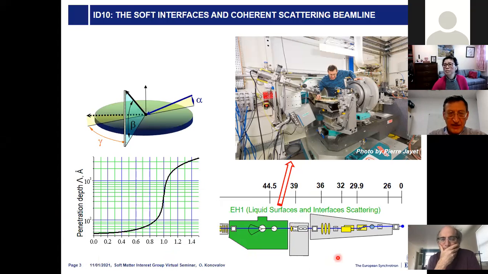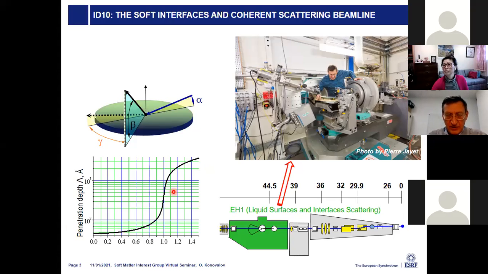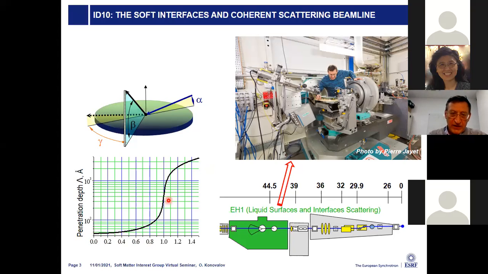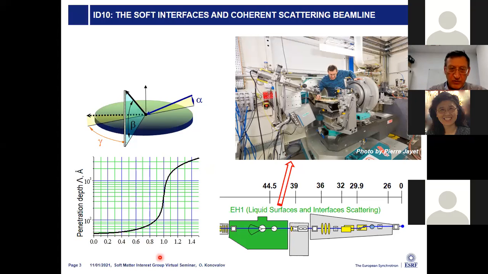And a little reminder for people who are not working in this field: surface sensitivity with X-rays on different systems is gained by working at very small angles, within a few milliradians, below the total external reflection of X-rays from the surface.